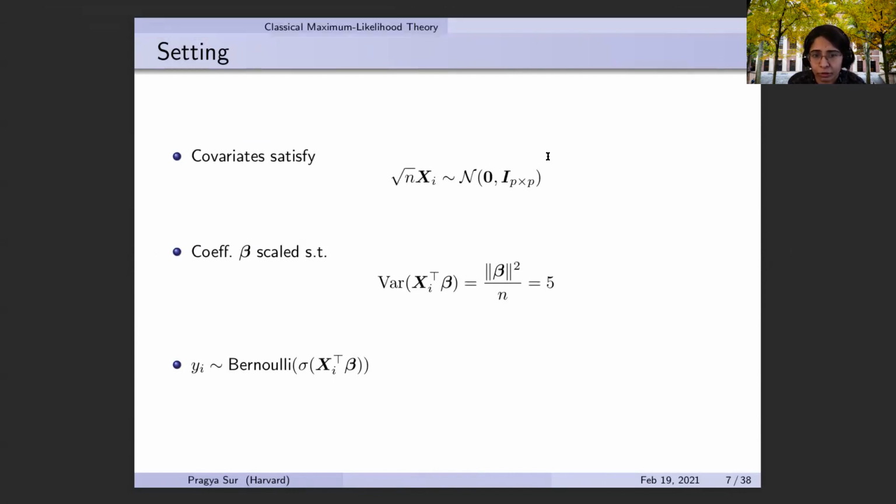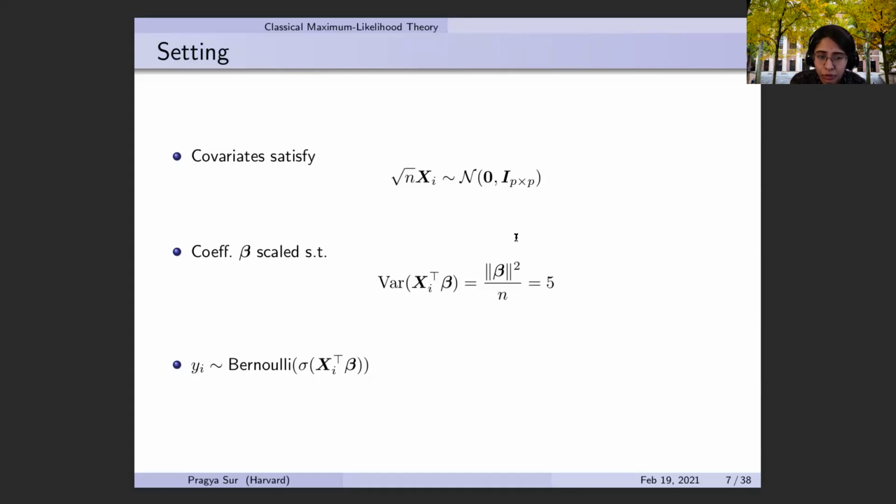The covariates are drawn from a distribution, so this is a random design setting. Each entry of the covariates is IID standard Gaussian, and they are normalized so that each column has unit norm.